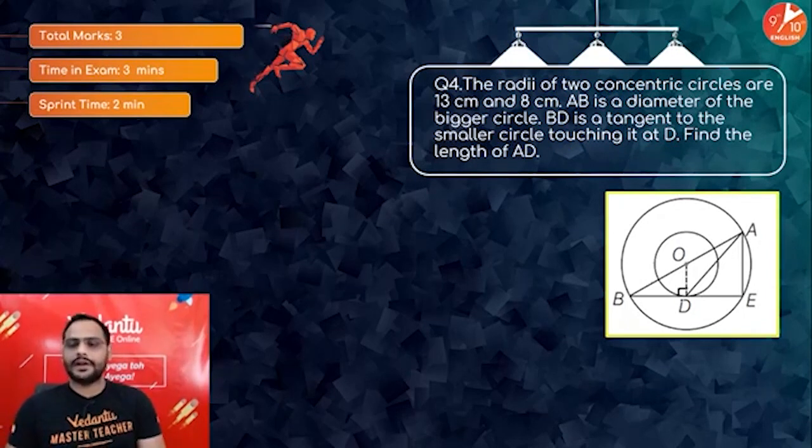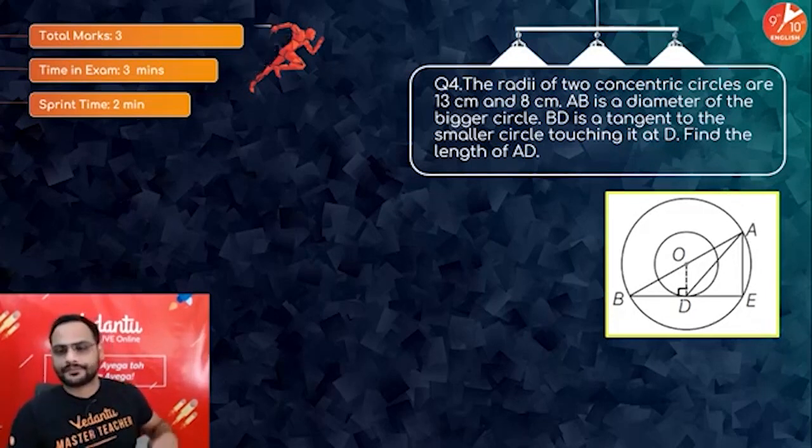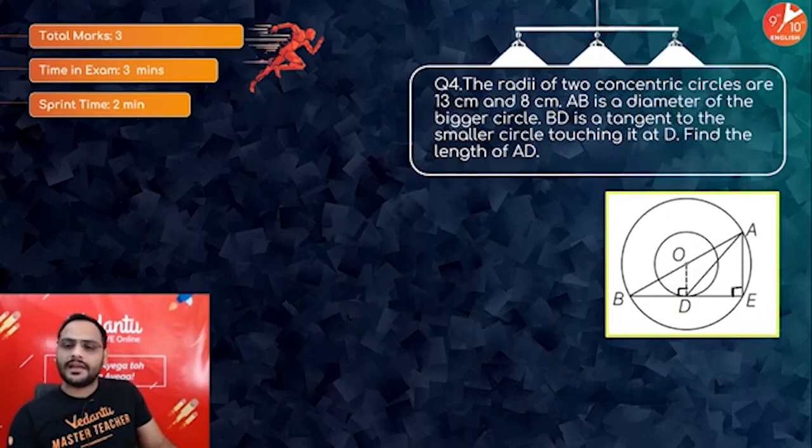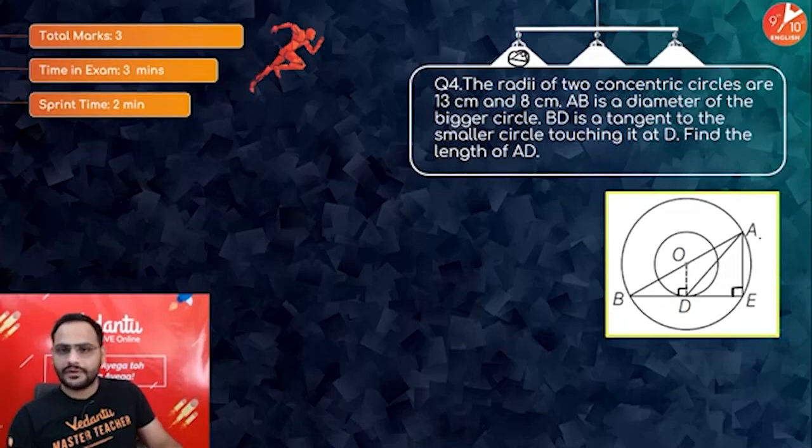All right. So guys, you can see one thing. AB is a diameter. Since AB is a diameter, I can say angle AEB will also be 90 degrees. Why? Angle at the semicircle. You have studied this: if we have a circle like this, this is a diameter, so the angle at the semicircle is always 90 degrees.